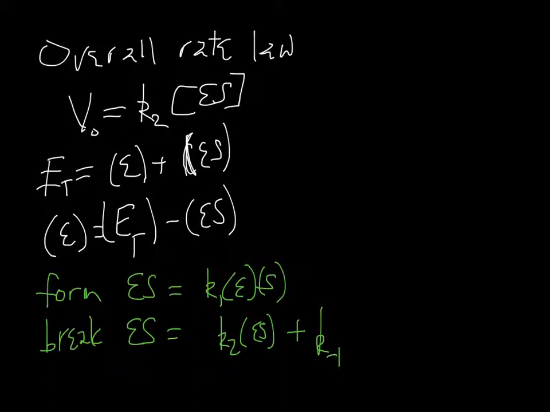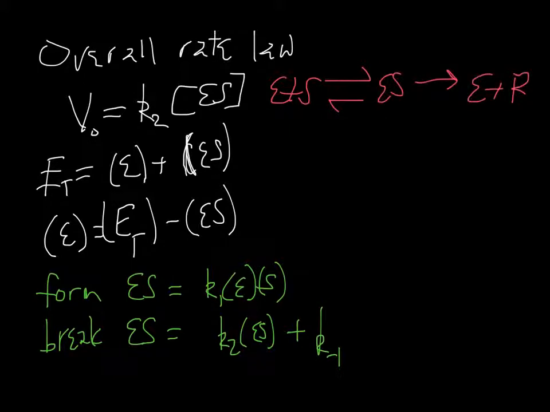And so here, I'm going to redraw that. Let me change colors. Remember, this is what it looked like. It was E plus S going to form ES, going to form E plus P. Whoops, it's supposed to be P. We've already done the k2 way.